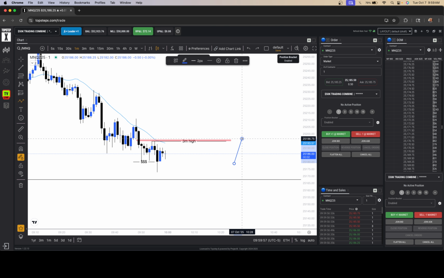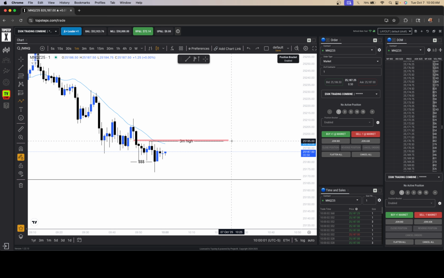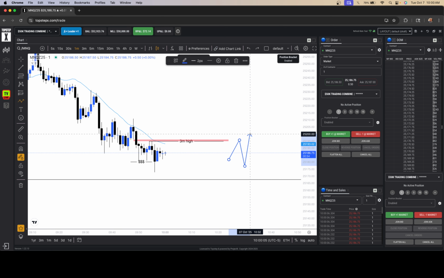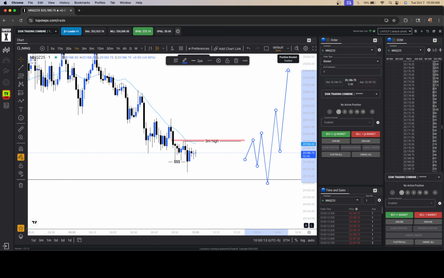So that's kind of what I think may happen at the moment. We have the 3-minute high. Or we could just continue lower for the rest of the day. You know, you never know.